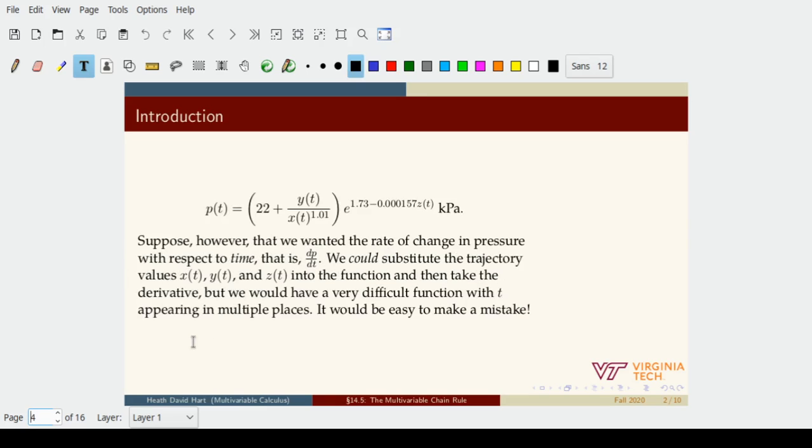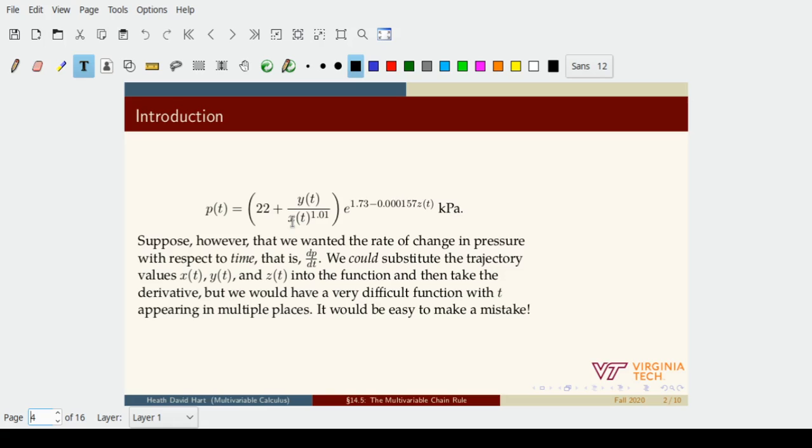But what if instead we wanted the rate of change in pressure with respect to time? That is, we wanted to find the derivative of p with respect to t. Then when I start substituting the formulas x(t), y(t) and z(t) into this function, then I have a function that's got t in all sorts of different places.